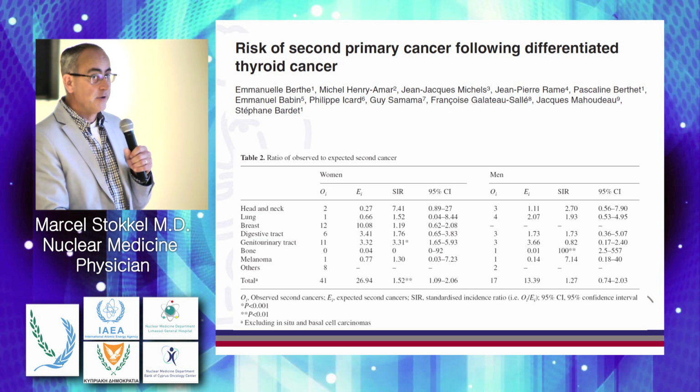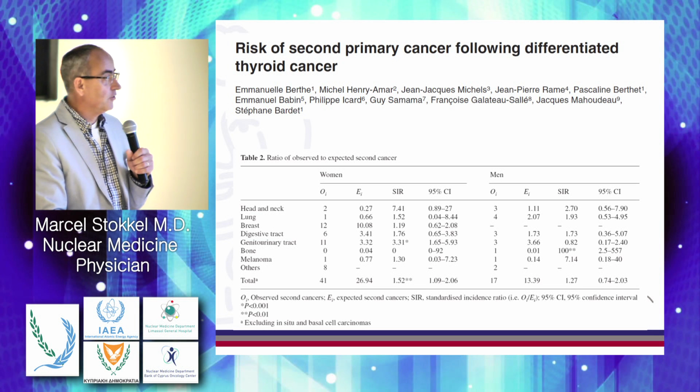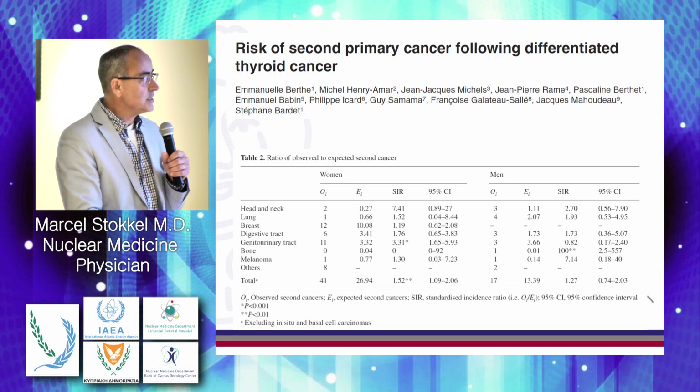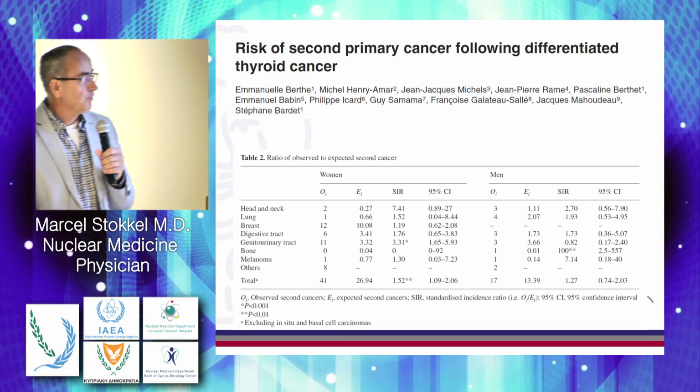There is not an increased risk on head and neck cancer, lung cancer, breast cancer, digestive tract, bone, and melanoma. However, when you look at the genitourinary tract, there is an increased incidence observed in this population.